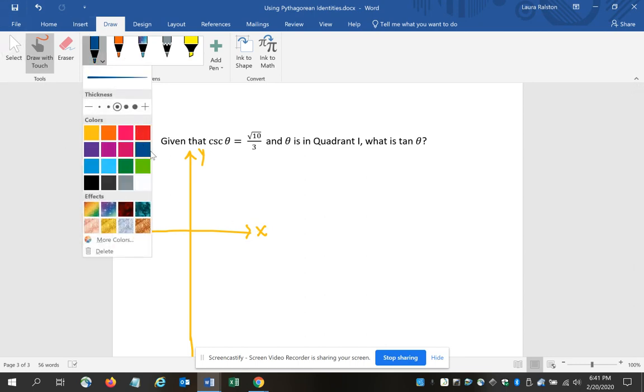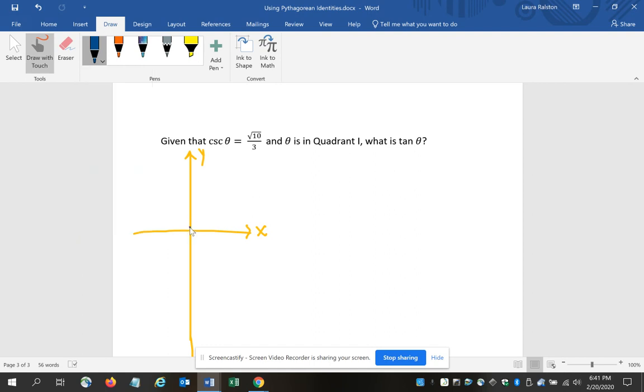So we have angle theta in quadrant 1. So I'm somewhere in quadrant 1. And I'm told that the cosecant of theta is square root of 10 over 3.